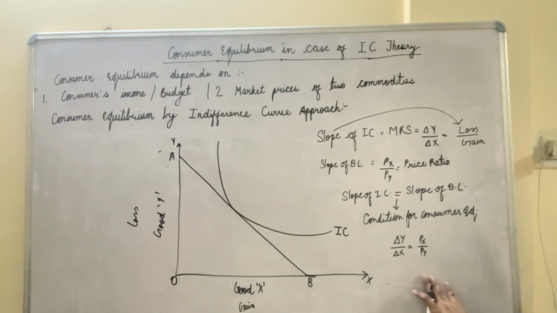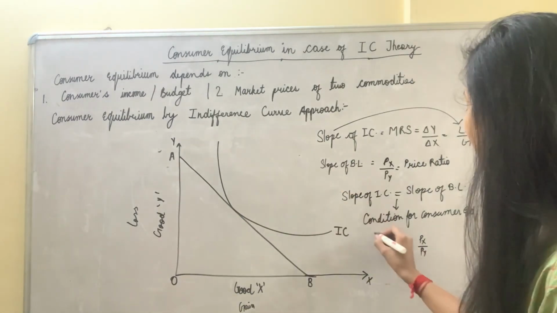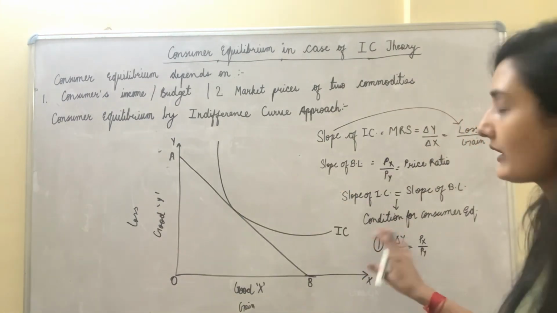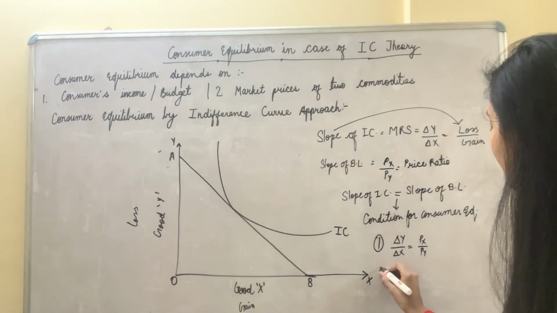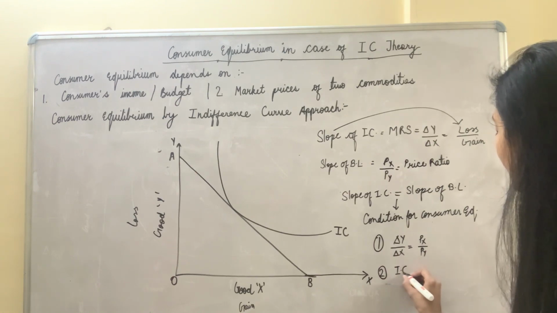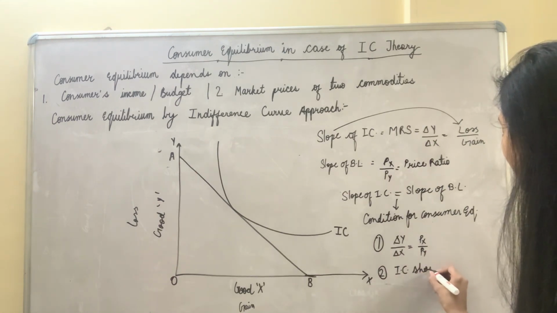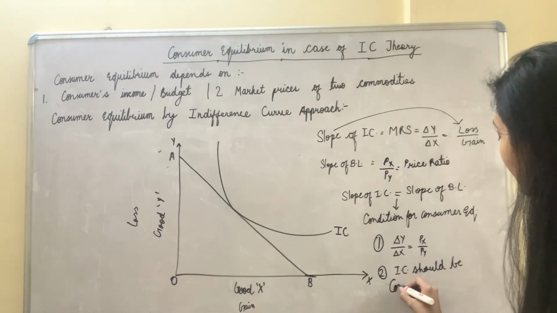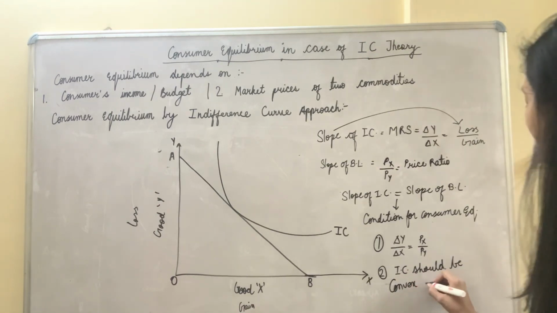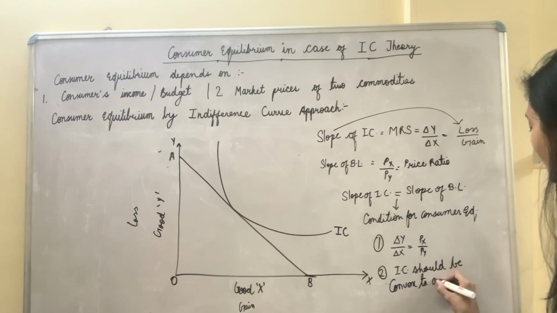The second condition is that IC should be convex to origin.